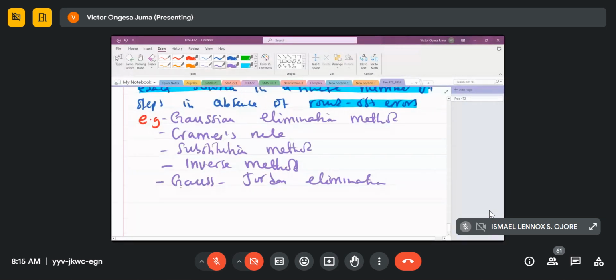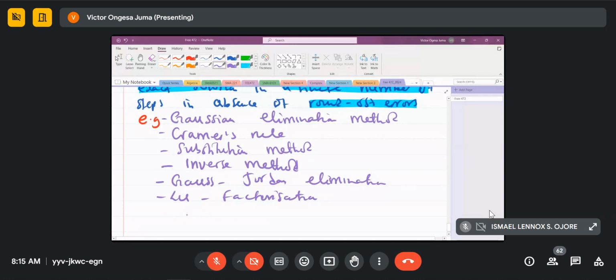And then we have what? We have LU factorization. LU factorization basically says that any square matrix can be decomposed into the product of a lower triangular and an upper triangular matrix. So that's the LU factorization.